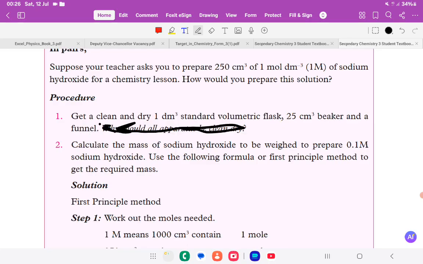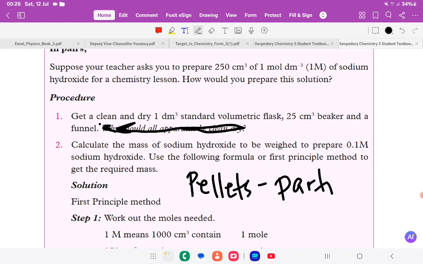Then calculate the mass of sodium hydroxide to be weighed. There is going to be need for you to weigh the sodium hydroxide pellets. Usually sodium hydroxide is in the form of pellets, which are basically solid particles of sodium hydroxide.